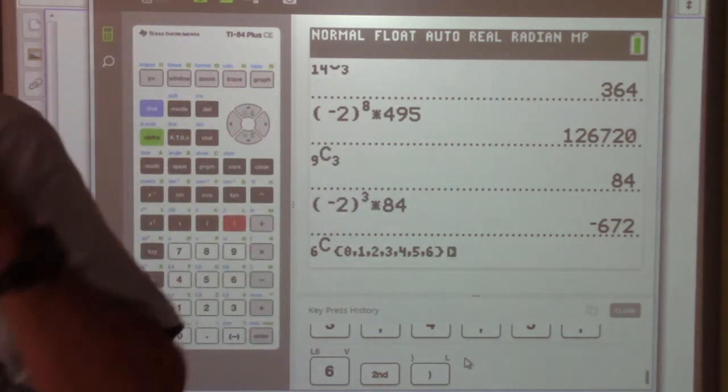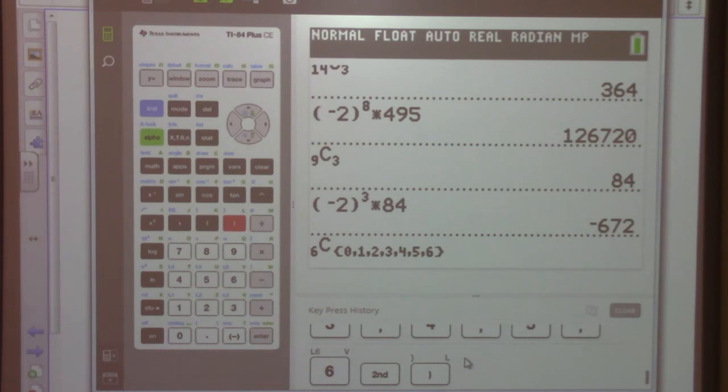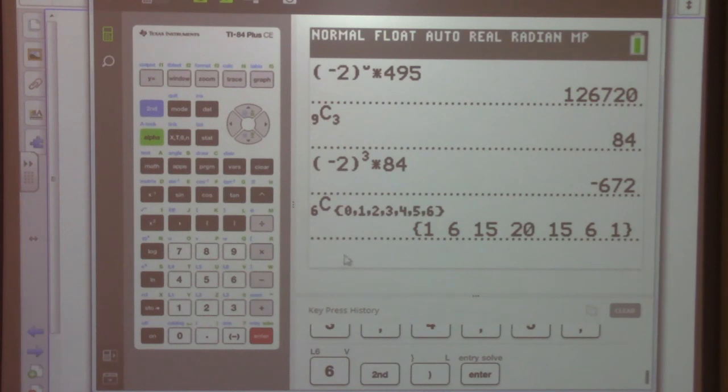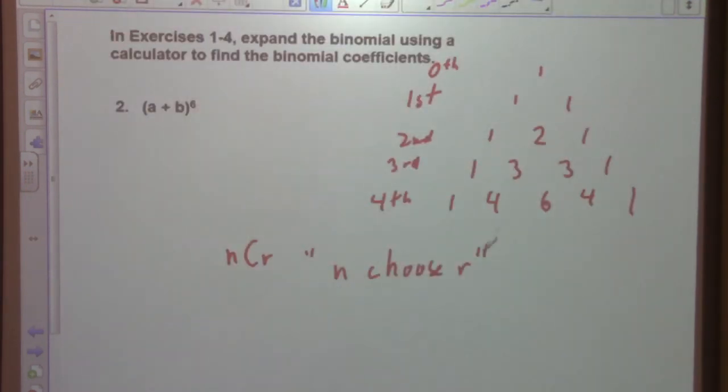So there are going to be 7 terms total in our expansion, and then we press enter, and we get the coefficients of the expansion for each of these 7 terms. 1, 6, 15, 20, and then we're going to have 15, 6, 1. And also the second coefficient is going to coincide with the number of the expansion.